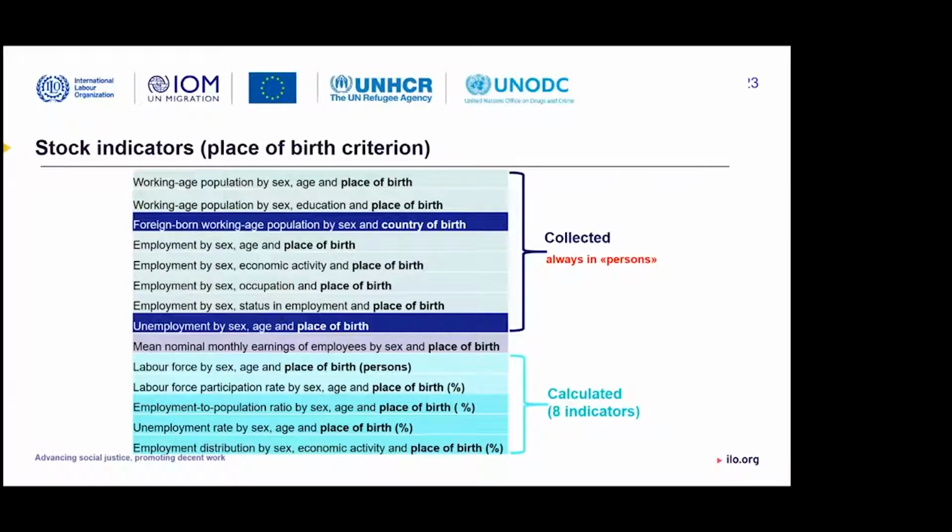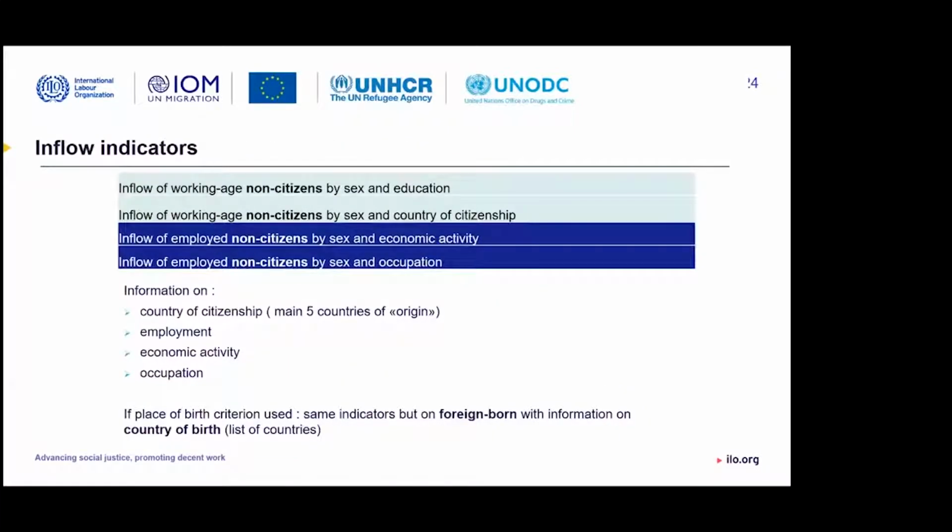Then on the next slide, we have the indicators for inflow using the citizenship criterion. So by sex, by education, by occupation, by economic activity.